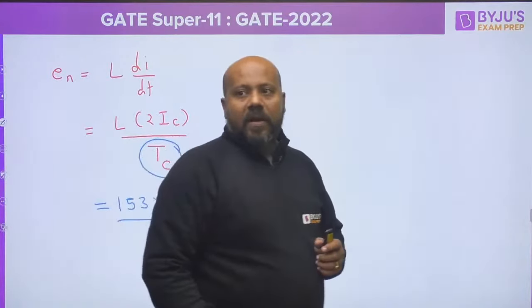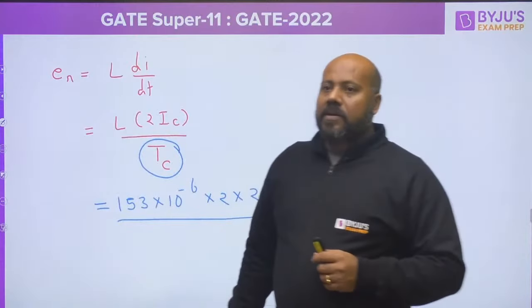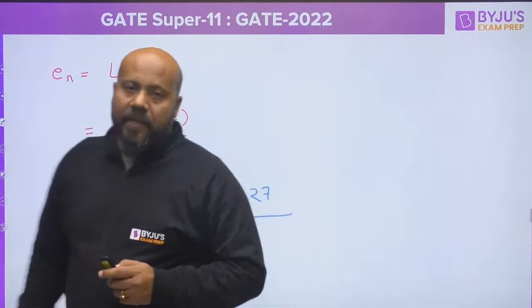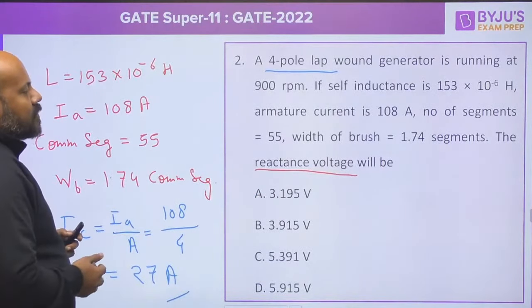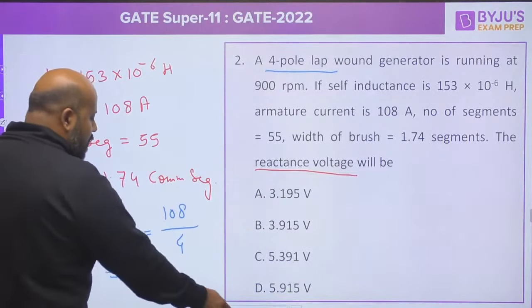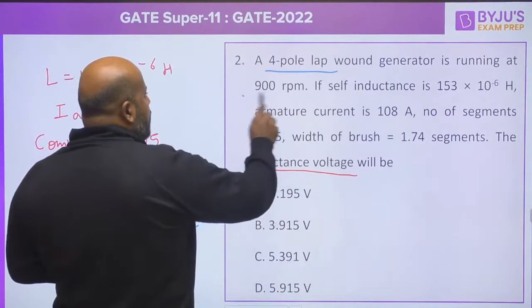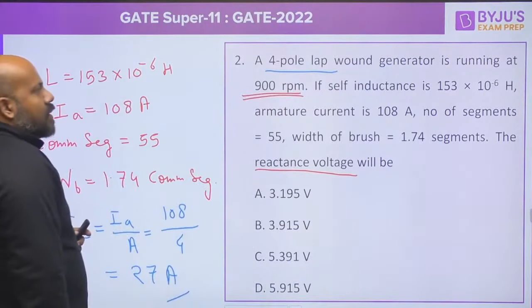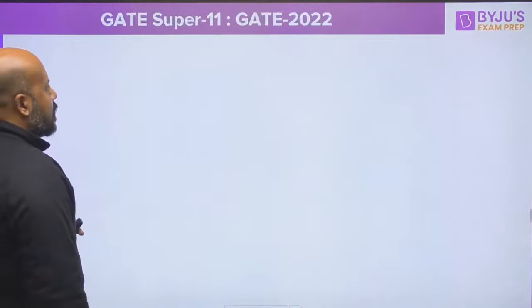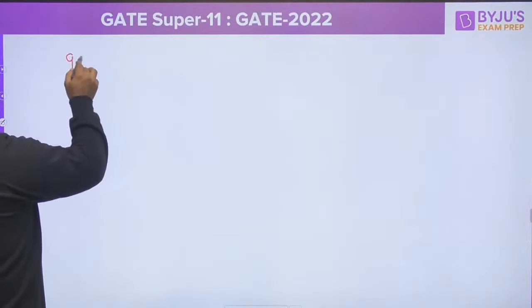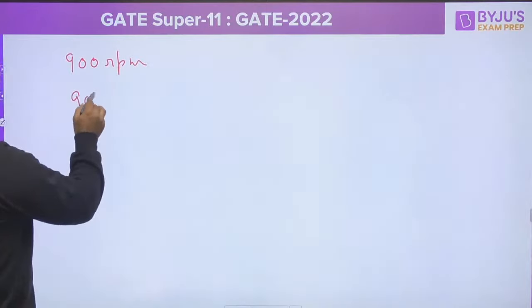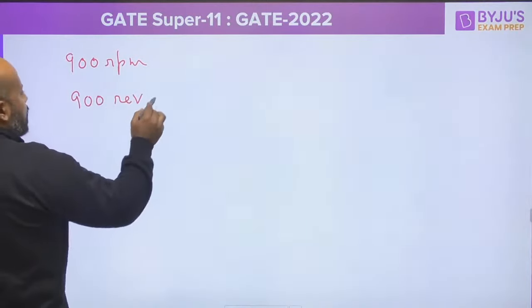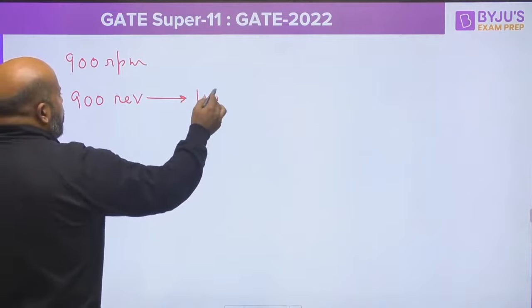Now in this question we will learn how to find the commutation period if this kind of situation is given in the problem. The speed of the rotor is given as 900 rpm. So rotor speed 900 rpm, you can write that the rotor is making 900 revolutions in 1 minute.